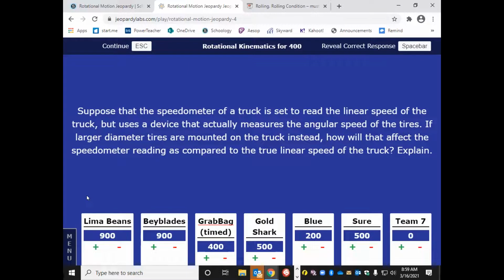You're thinking too much. It will read a higher speed, even though the speed of the truck is technically, if it's going 40, it might read 45.